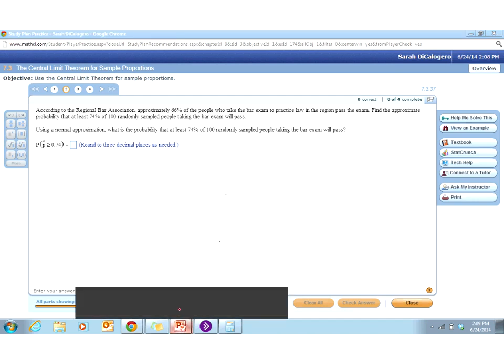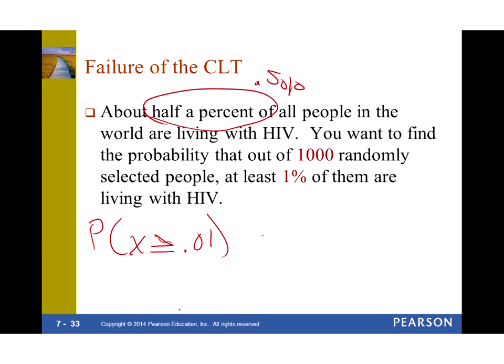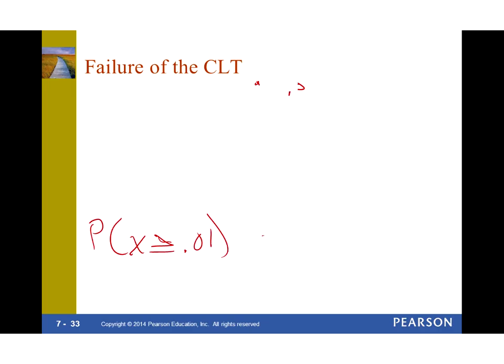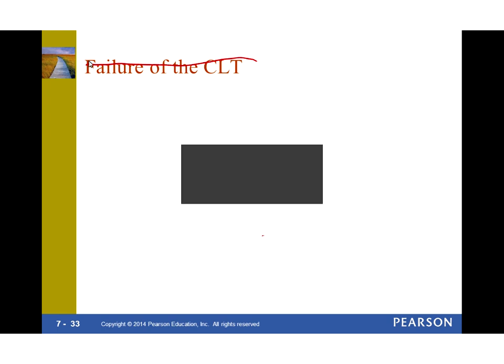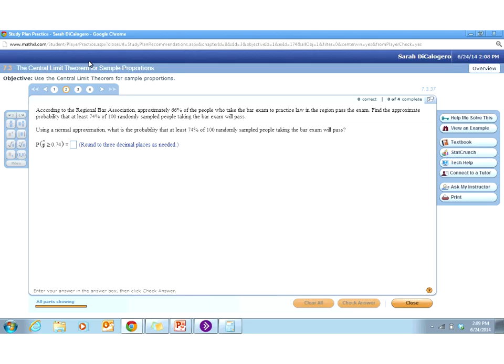Okay, so we don't have everything we need yet. So let's just use this. I'm going to just use this as a whiteboard. Okay, we're not worried about this CLT, but so, 66%, that's going to be our mean. Our N is 100.